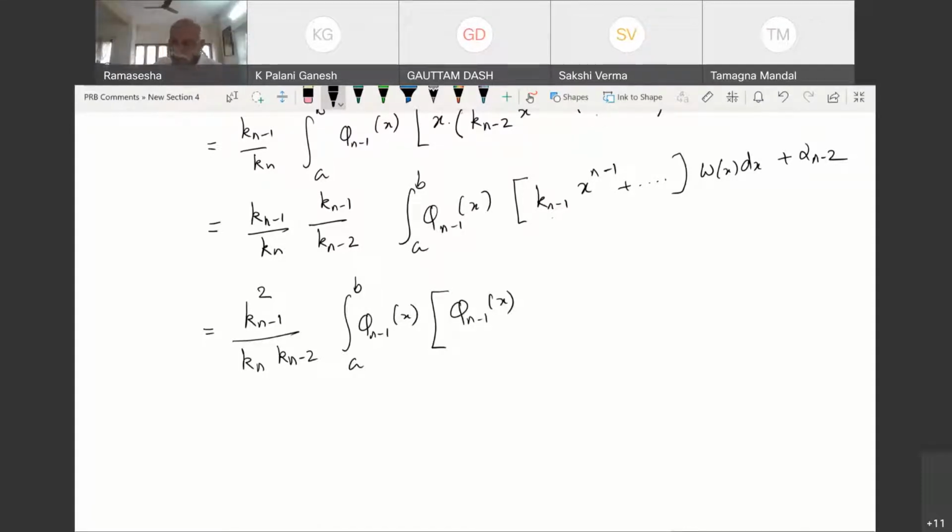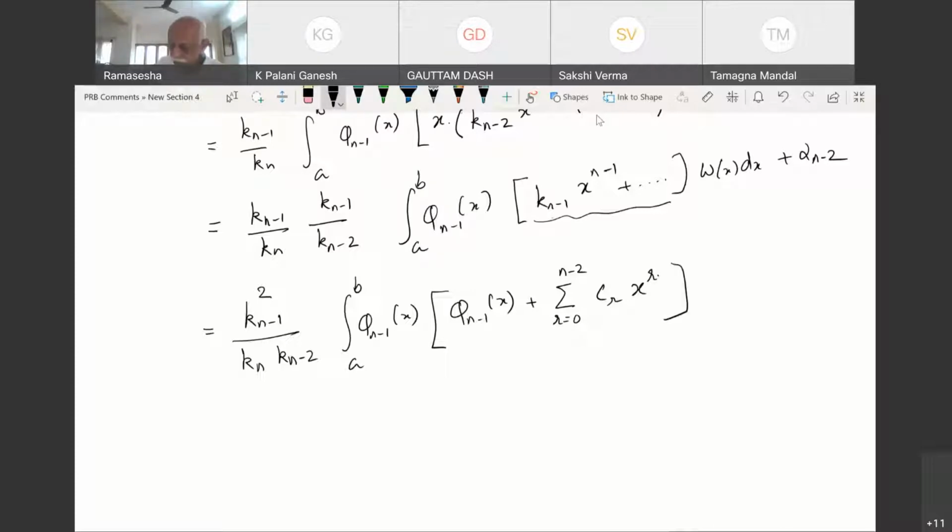So I can write this as P_{n-1}(x) plus the sum over r equal to 0 to n minus 2 of c_r x^r.